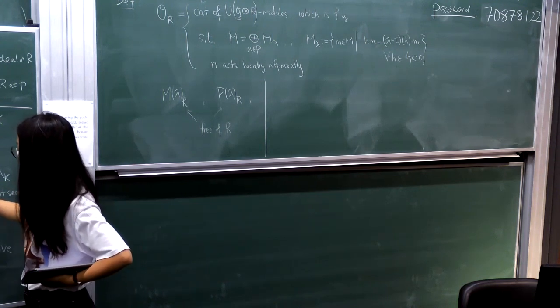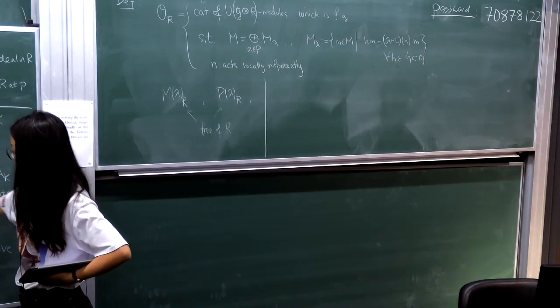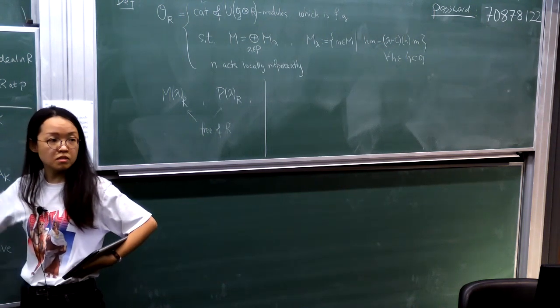then if R is local, this induces a bijection between the blocks.